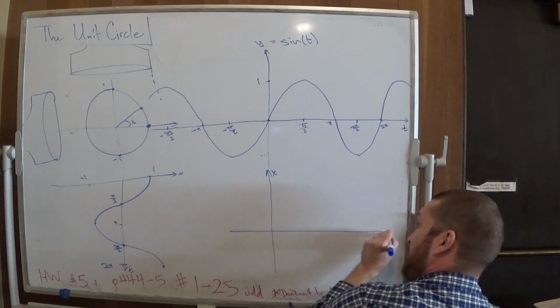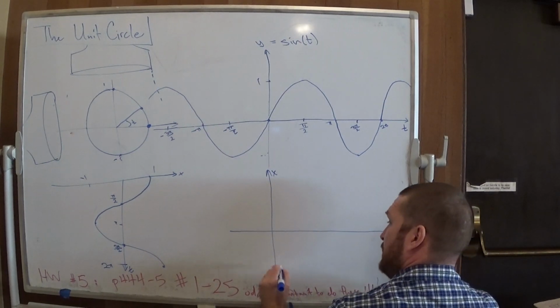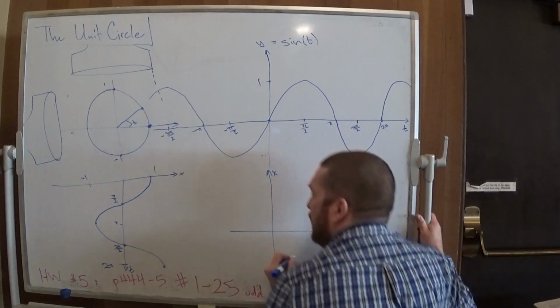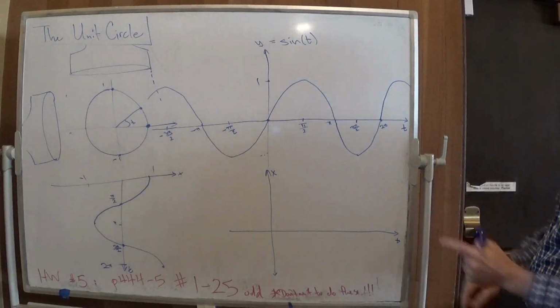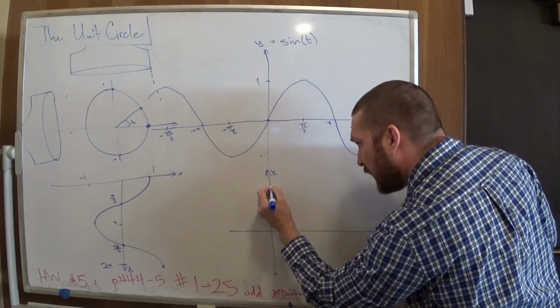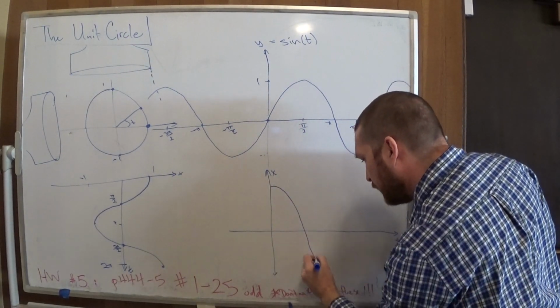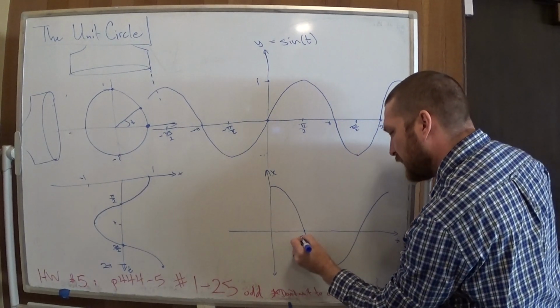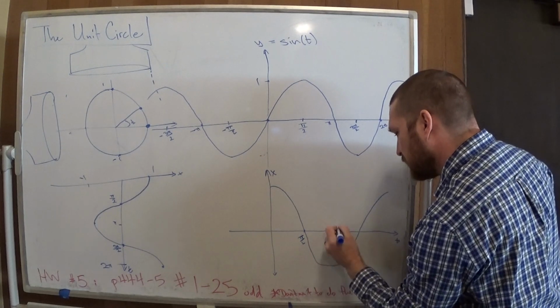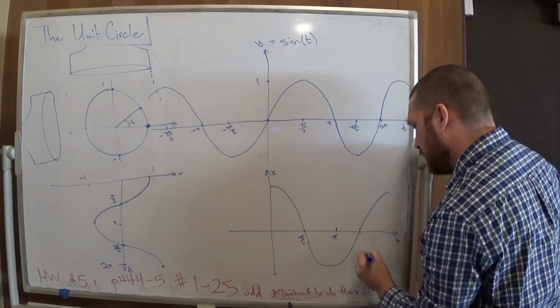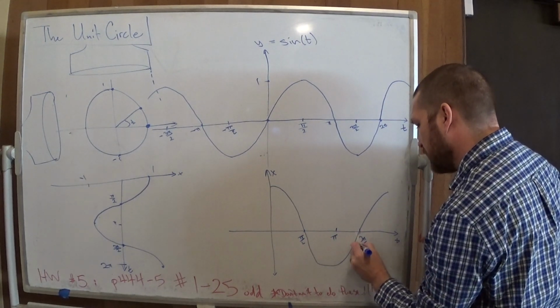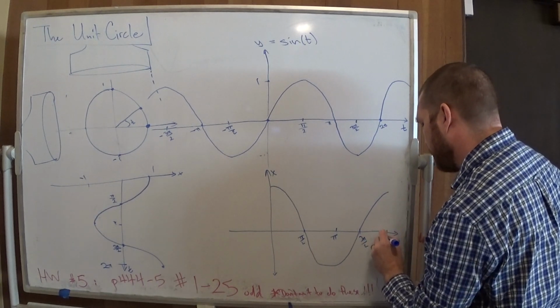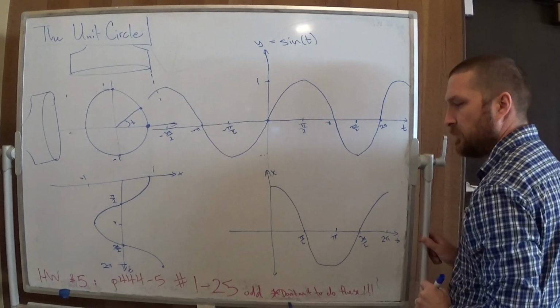Yes, as a matter of fact it is, and we're going to see that soon enough. This one started up here at +1, went down, hit -1, and came back up. It got to 0 after pi over 2 seconds, got to its minimum at pi seconds, came back to 0 at 3 pi over 2 seconds, and finally returned to where it started after 2 pi seconds.